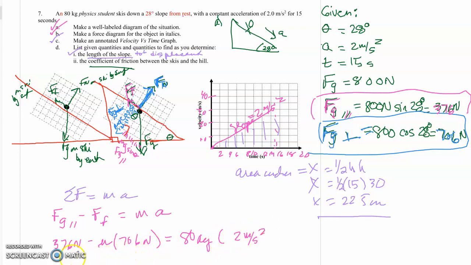So let's see, 376 newtons minus 160 newtons equals mu times 706 newtons. And then I think if I subtract here and divide by 706, the mu should be 0.3.